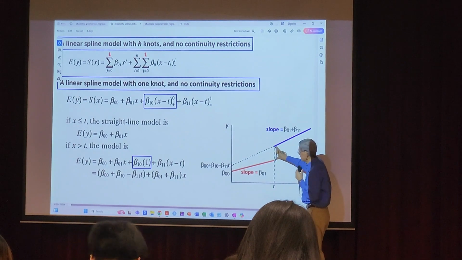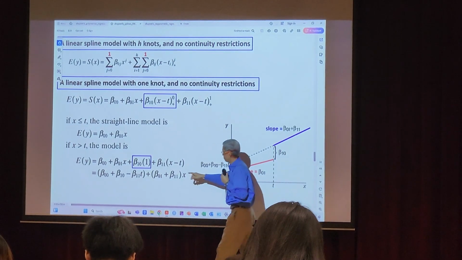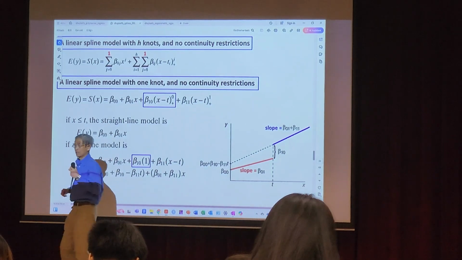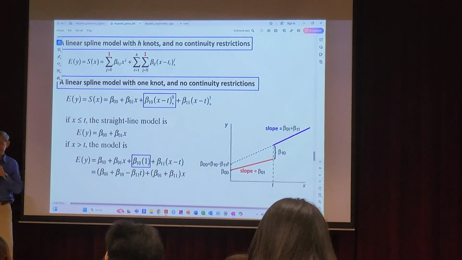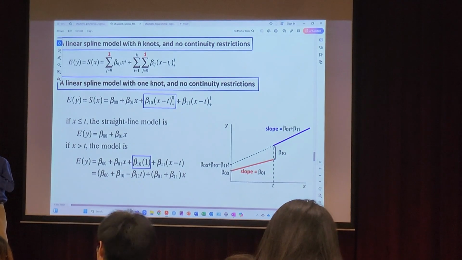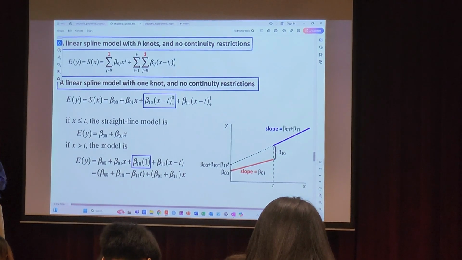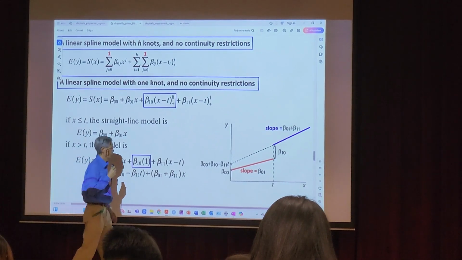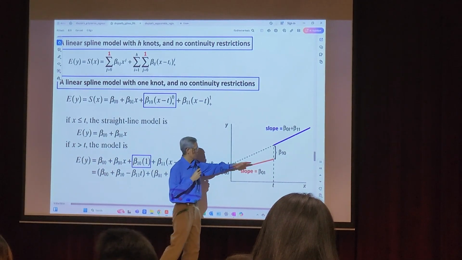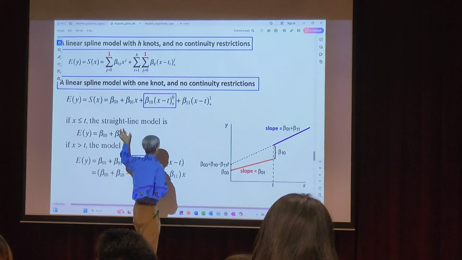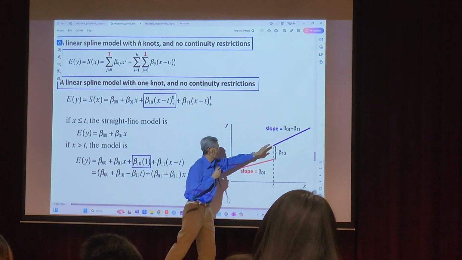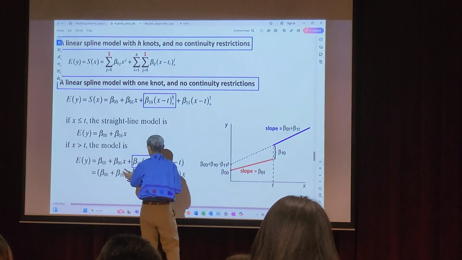And this is the discontinuity, beta 1, 0. You see the similarity between cubic spline and linear spline? It's the same. Here I have one line described by the base model, and another line described by this.